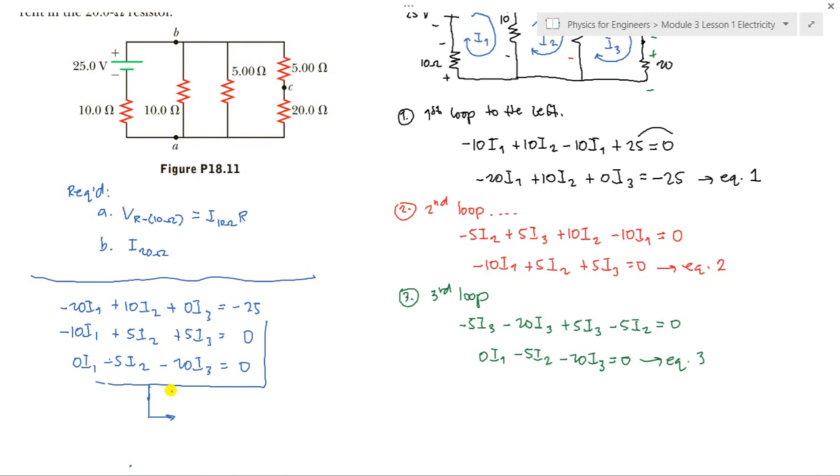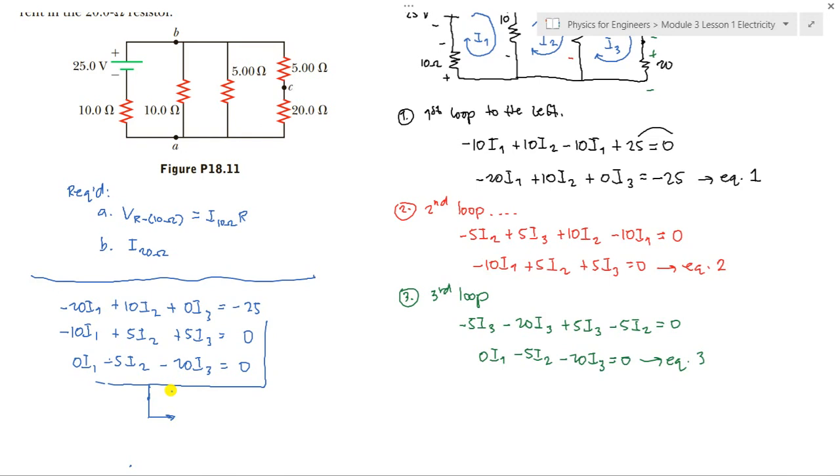So, for my I1, plug in: negative 20, 10, 0, then negative 25. We have negative 10, 5, 5, 0. We have 0, negative 5, negative 20, 0.